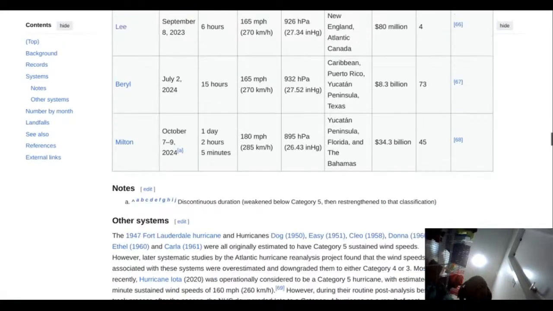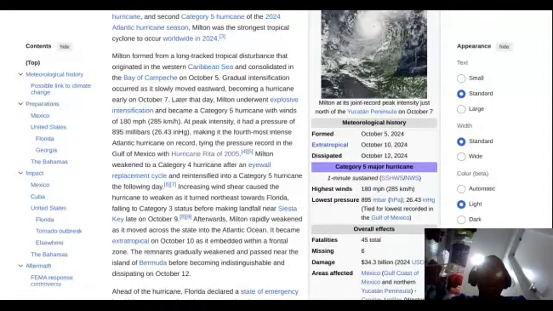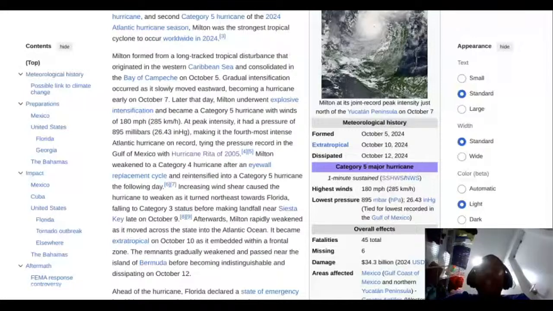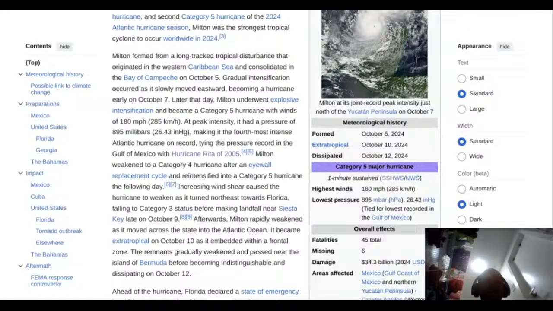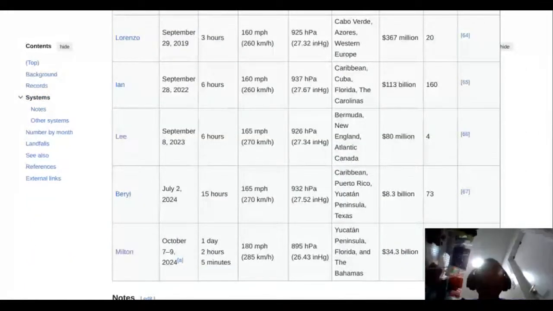And last but not least is Hurricane Milton. Hurricane Milton lasted, we're going to get to that, but it was 180 miles per hour. Fatalities and 6 went missing. And just to let y'all know, Hurricane Milton lasted a day, 2 hours, and 5 minutes.